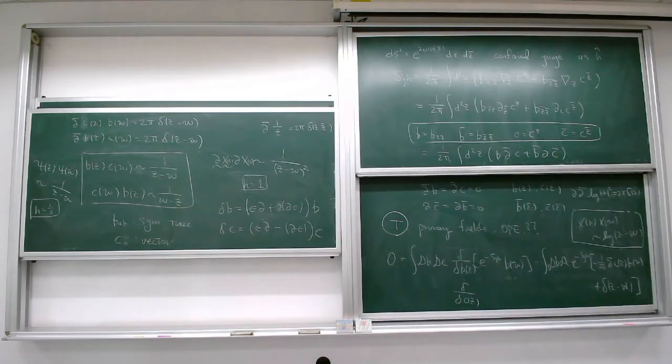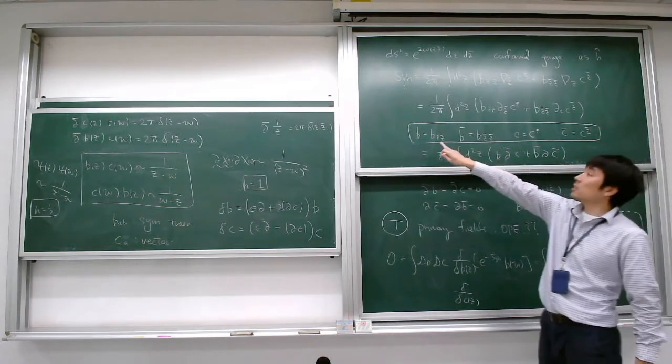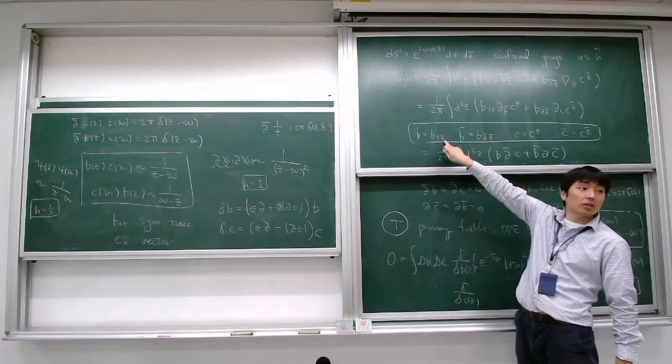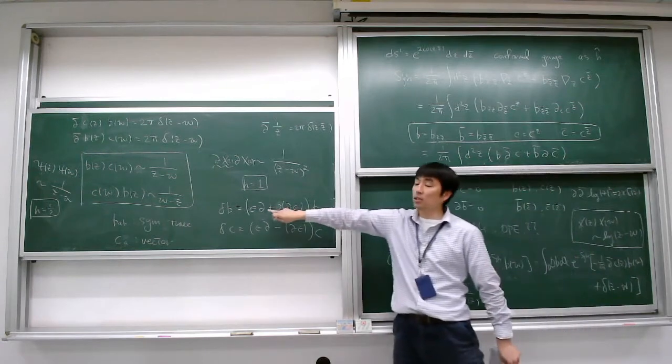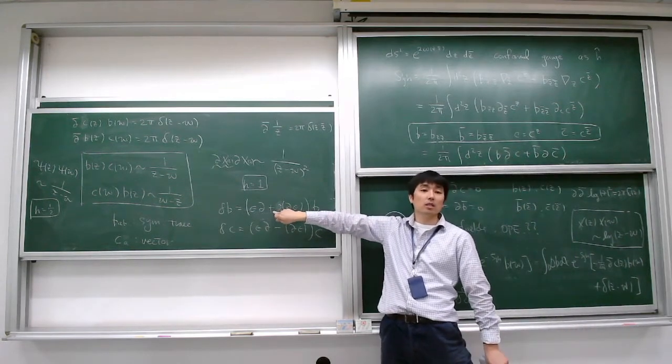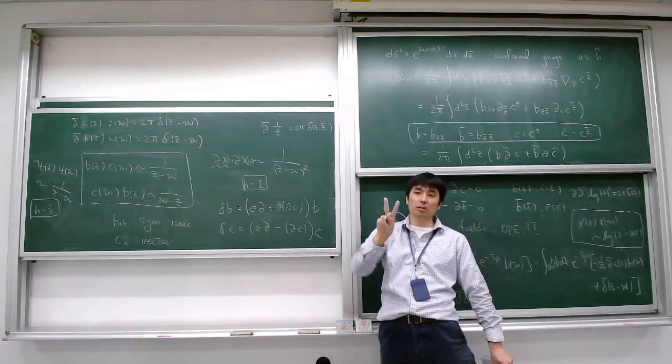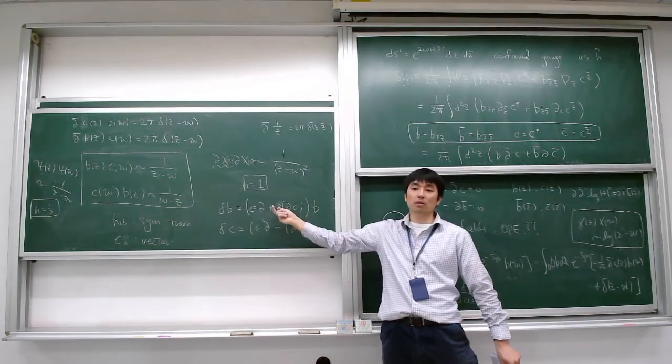Oh yeah. Here you have two indices downstairs, that's why you get plus 2 here. It's a 2 tensor, symmetric, so that's why you get 2 under the conformal transformation.